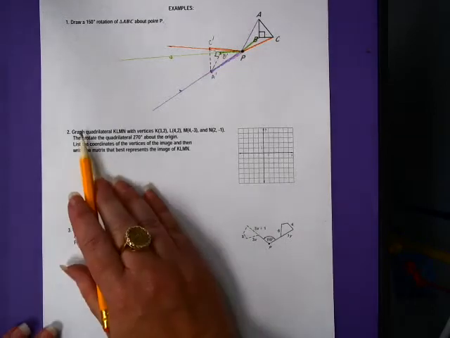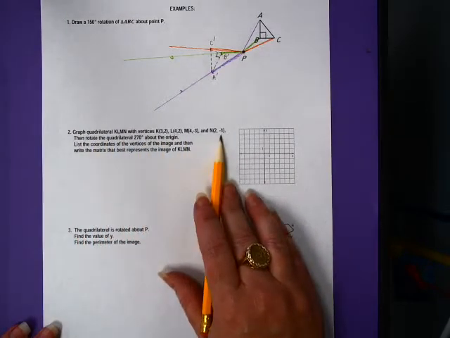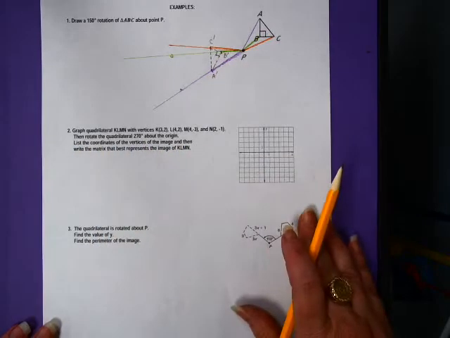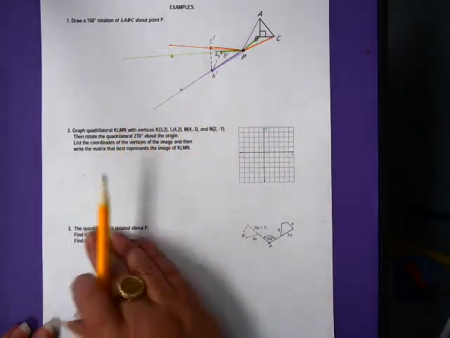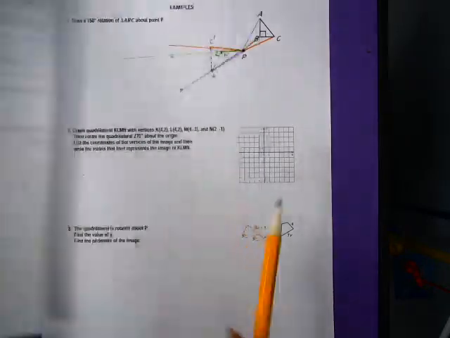Alright, so now on this next one, it says graph this using the vertices, then rotate it about the origin, then list the points. Okay, so that's one way of doing this. There's the other way from your notes, which is the rules. Right here are the rules from page 1.